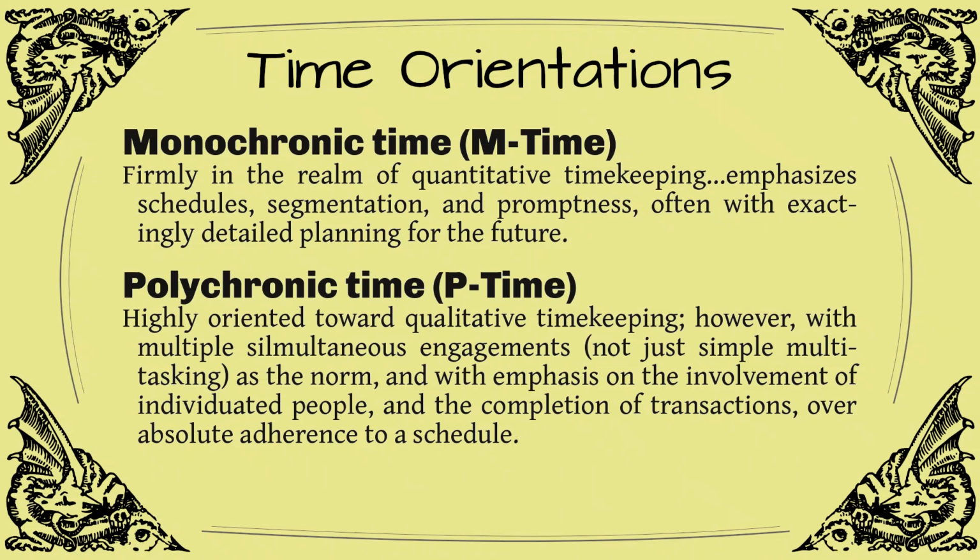There's a lot more that goes to it in terms of what you might expect. Monochronic time might be much more formal in terms of keeping space between the individuals at the meeting, whereas polychronic people might be more inclined to be very close to one another. In some cultures, if you're not close enough to smell the breath of the person that you're talking with, then they're being standoffish.